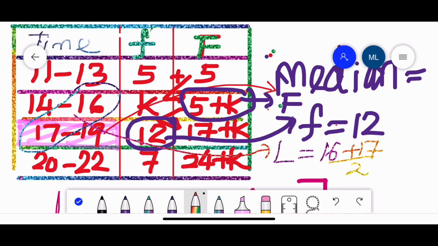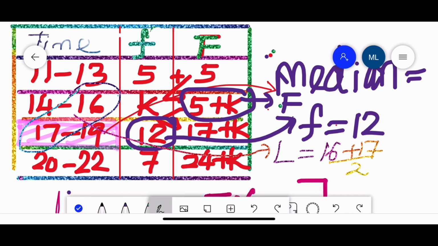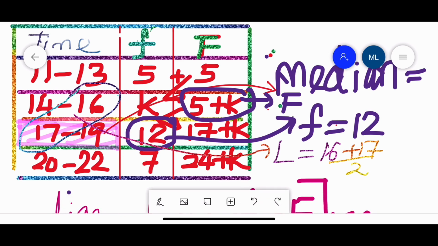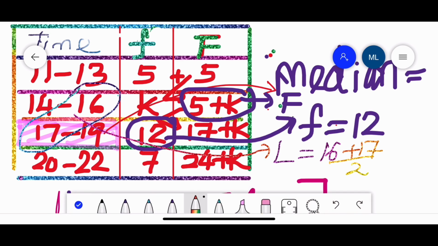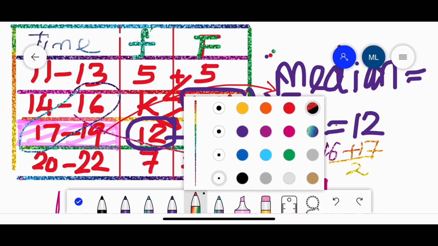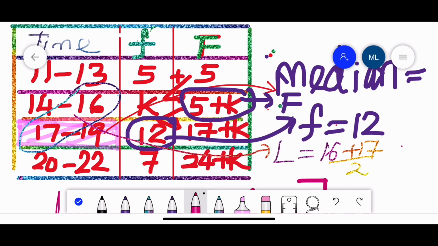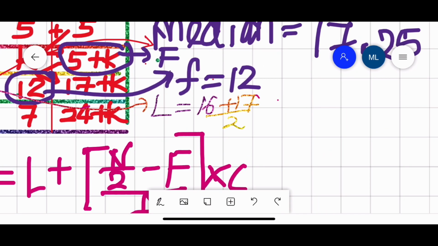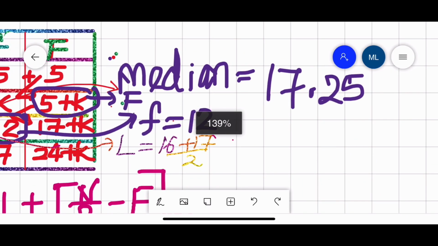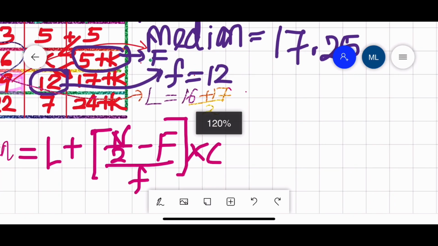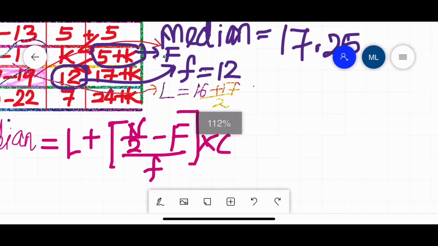So 16 plus 17 divided by 2, the lower boundary is 16.5, right? Now we still need to find C. I'm sure you know, from 11 to 13, the size of the class. So we have managed to find the L.